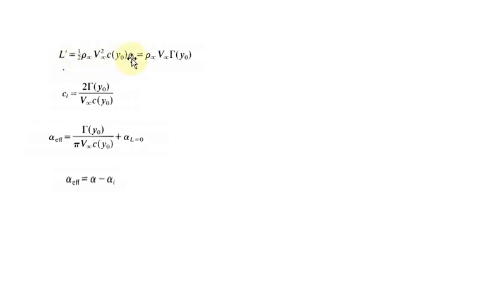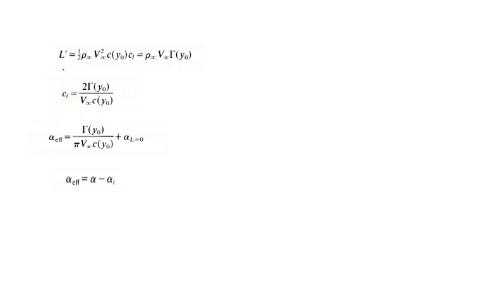So by using the Kutta-Joukowski theorem and circulation, we can find one more CL equation: CL equals 2 gamma of y naught divided by V infinity times c of y naught, because the lift depends upon the circulation, which depends upon the location y naught. That point you have to remember. Lift per unit span depends upon the circulation, which depends upon the location of y naught. Based on that, we find one more CL value.